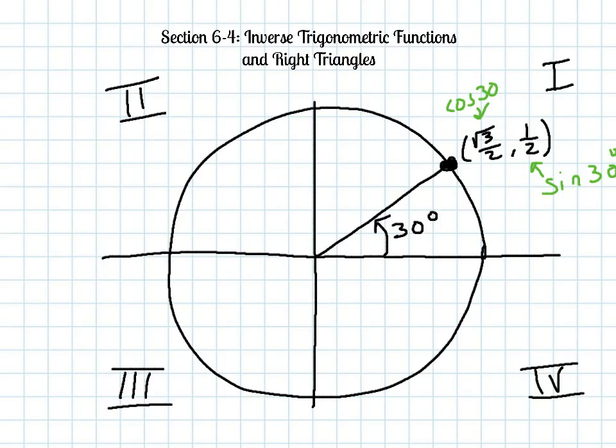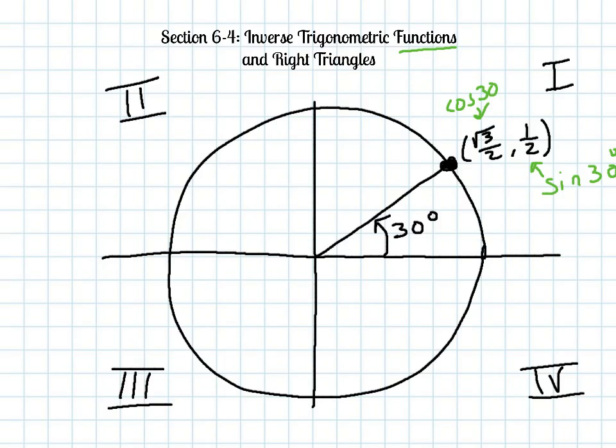Now the thing is, for that to be a function, it needs to have some properties or restrictions, because if I say the inverse sine of 1/2, 30 is not the only angle measurement that gives me a sine of 1/2.